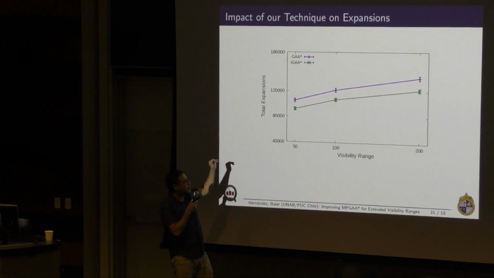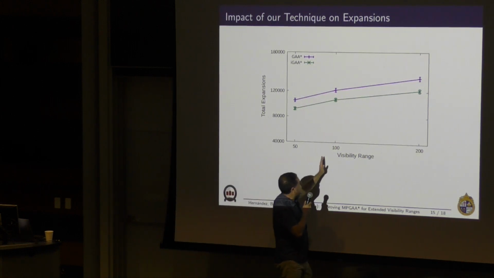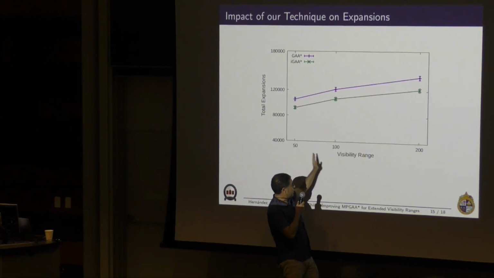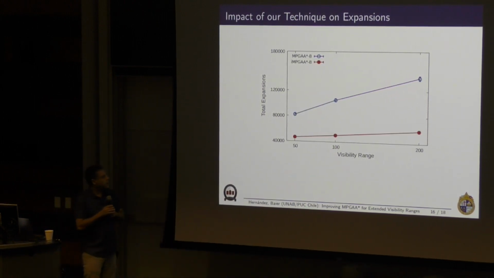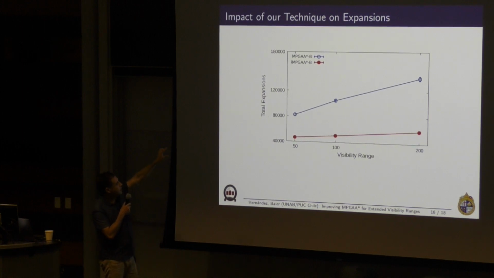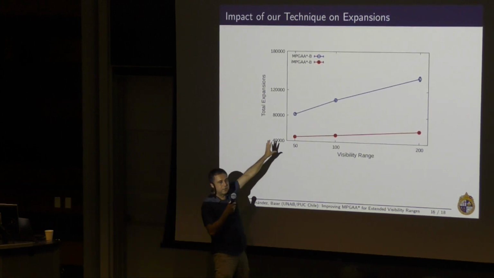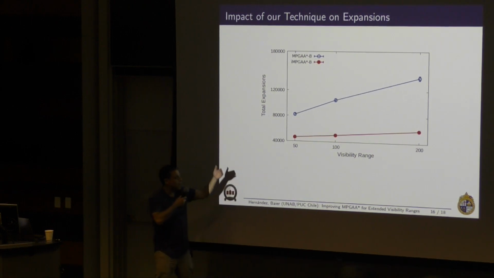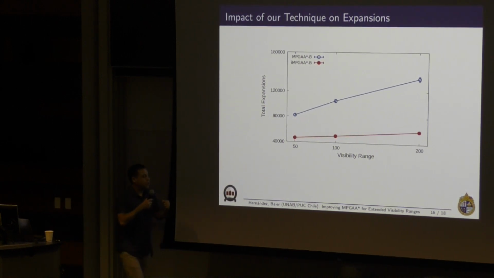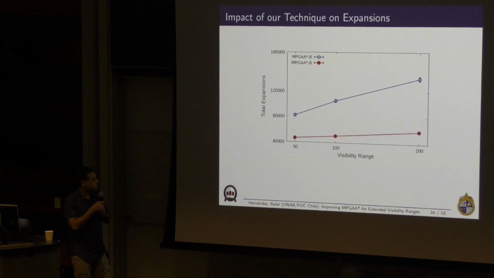This difference increases when the visibility range increases. And for MPGAA star, we obtain better results. We reduce the quantity of expansions by a big amount.